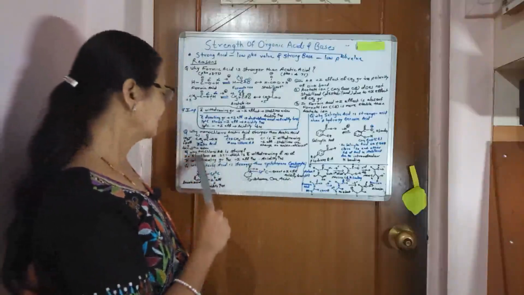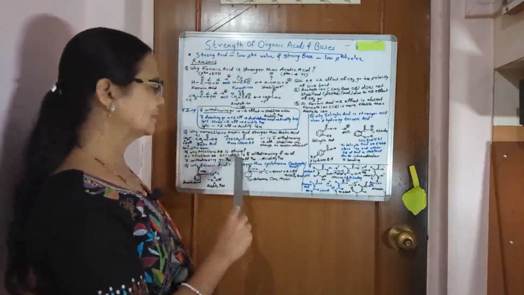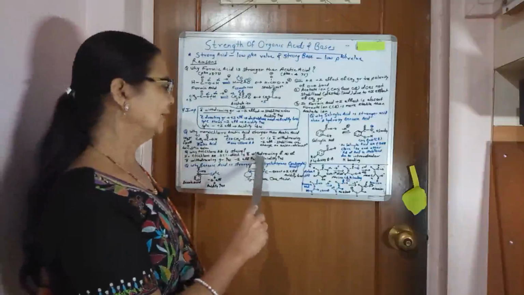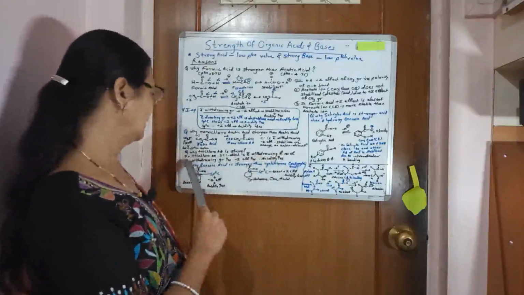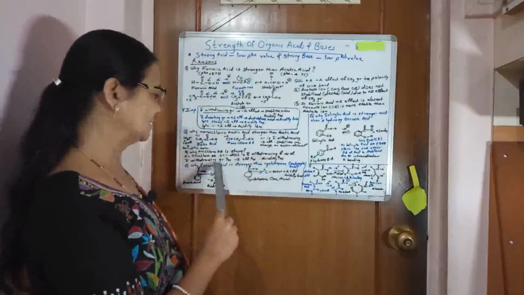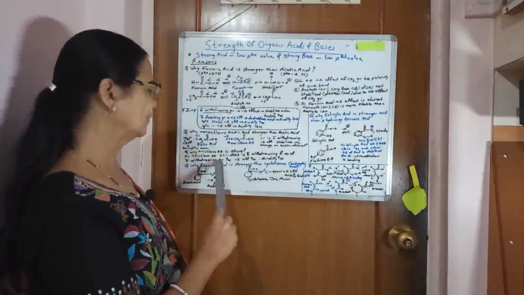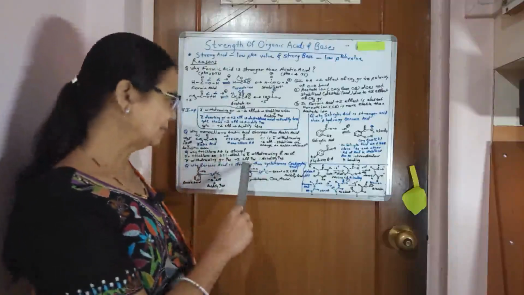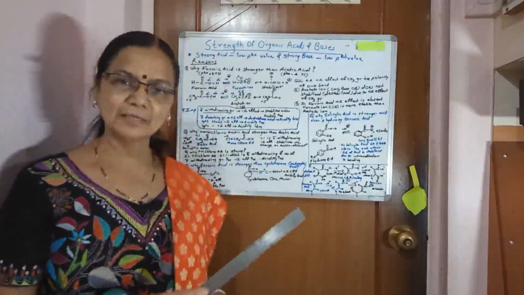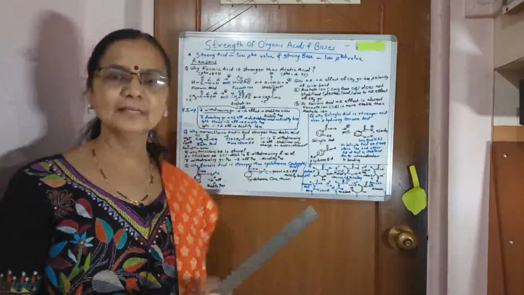Therefore, the number of electron withdrawing groups increases. Due to that, the minus I effect increases. As the minus I effect increases, acidity increases.